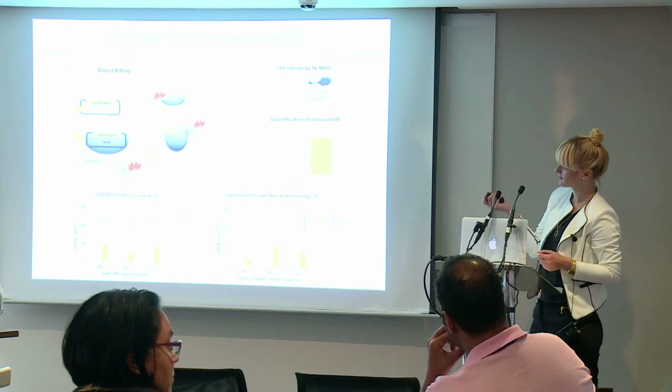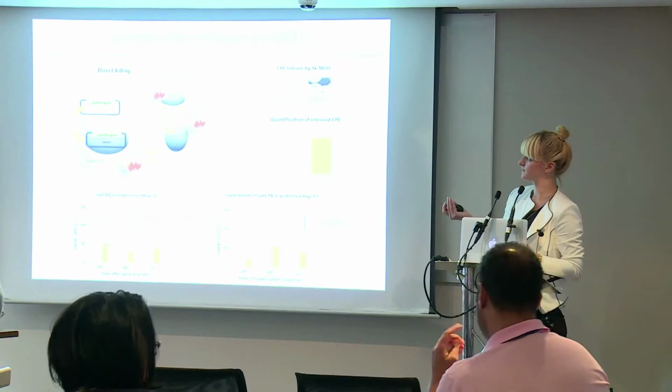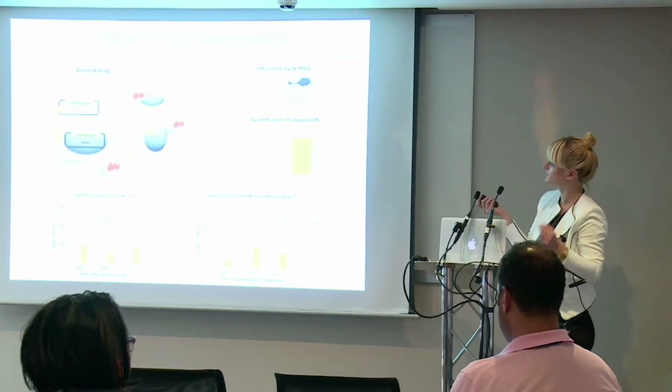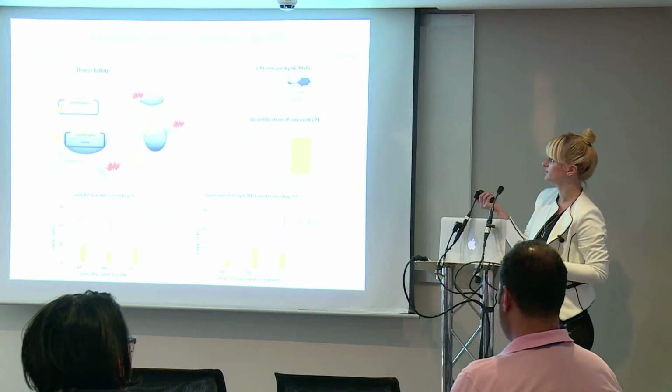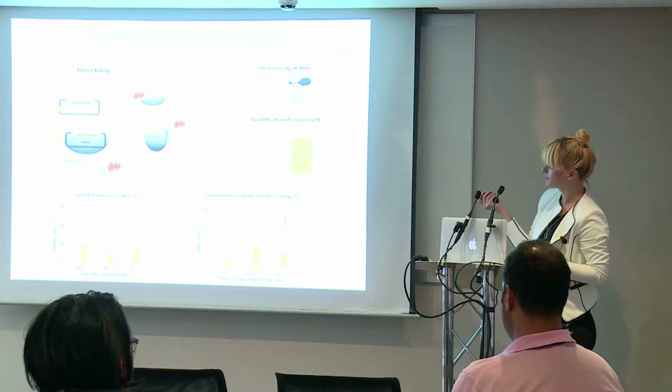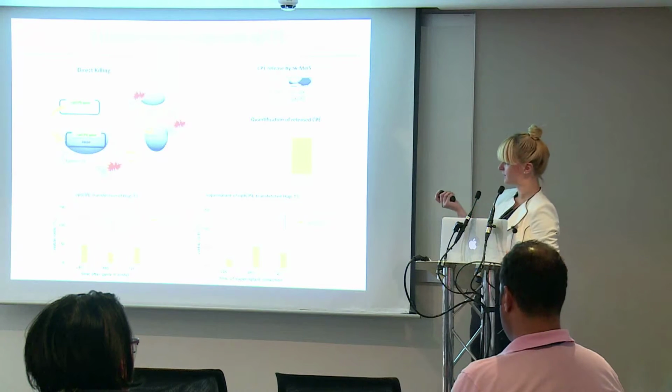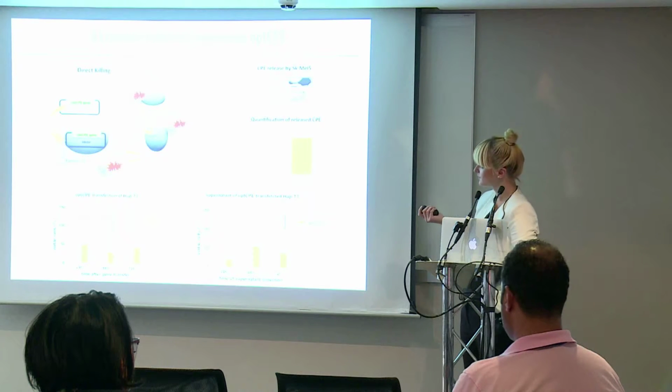To check this and prove whether we have this bystander effect or not, we took the supernatant of the negative cell line SKML5, and as you can see, we detected opt-CPE 24 and also 48 hours after transfection, and not, of course, with the empty vector.